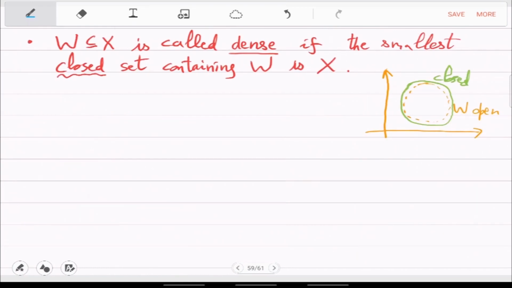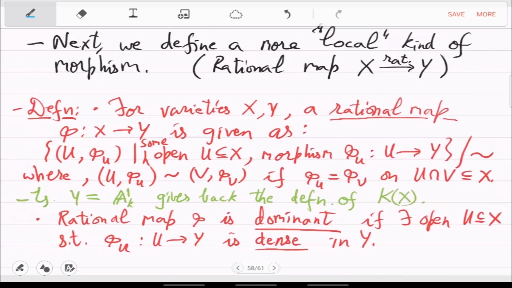Let's call this Y, not X. Inside Y we call the image dense if the closure of that is everything. So this clearly seems a good thing to understand, to compare X and Y, because the image may not be everything, but the closure of it is everything, so you have a good comparison. That was the point of this rational map definition. We'll be studying dominant rational maps.